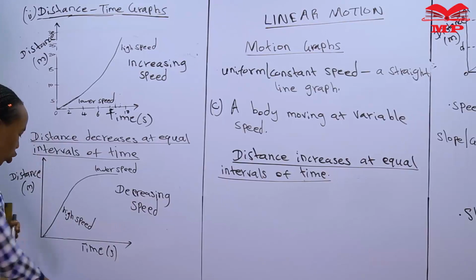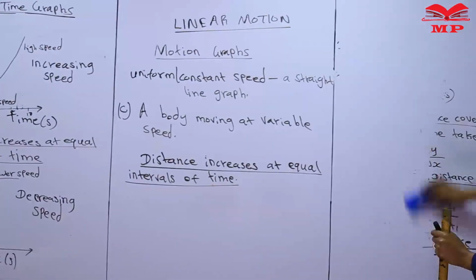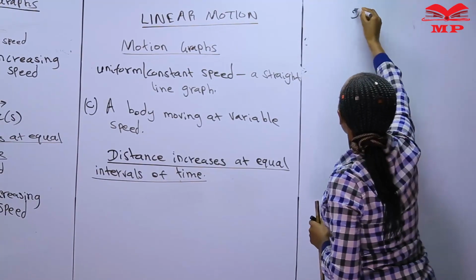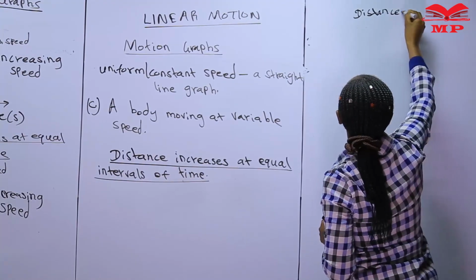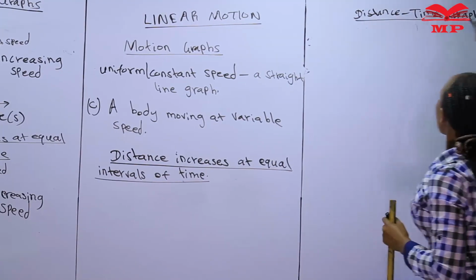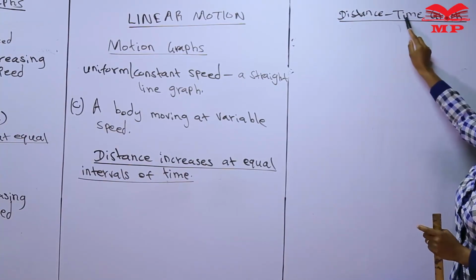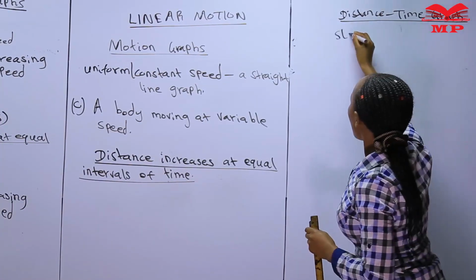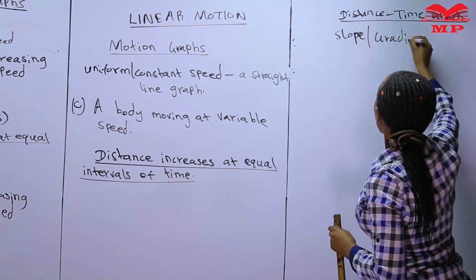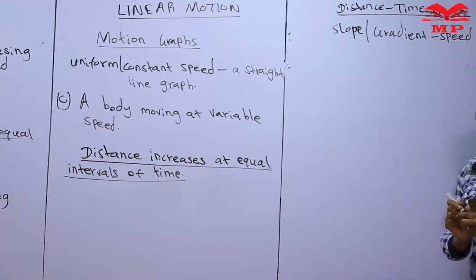So those are the motion graphs, that is the distance time graph, whereby we've seen that when you calculate the slope or the gradient of a distance time graph, it gives us the speed, because speed is the distance covered per unit time.